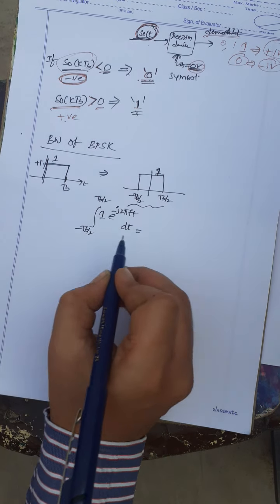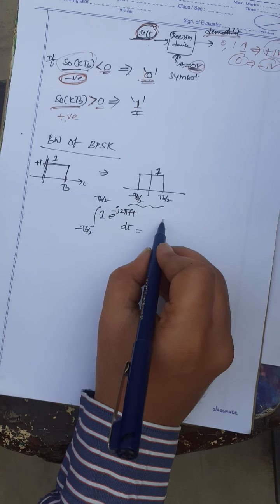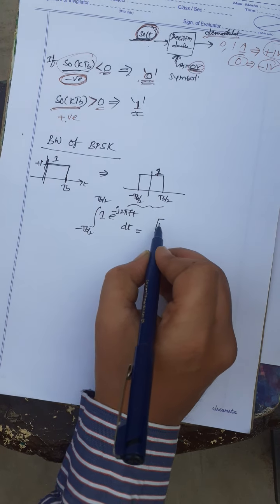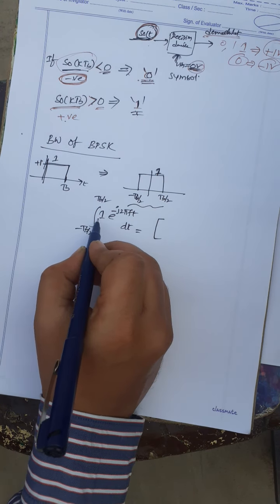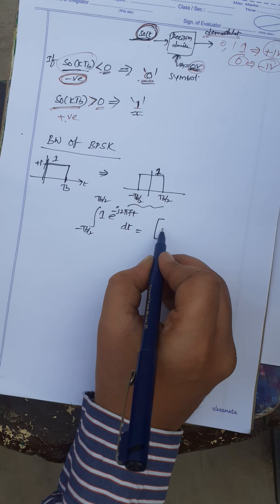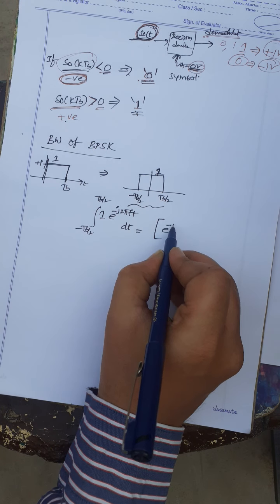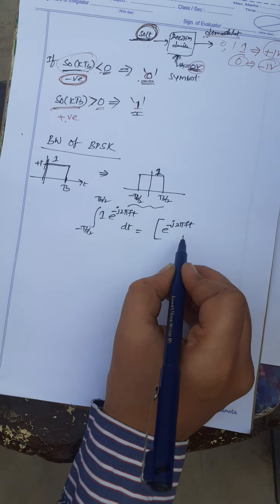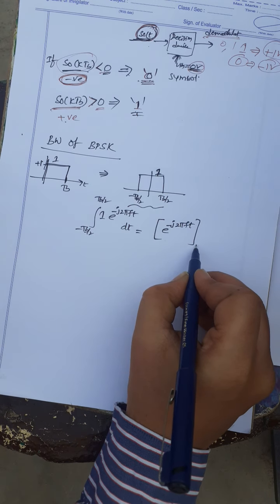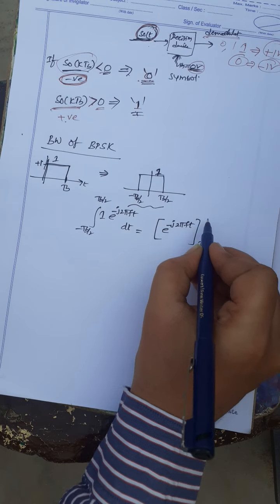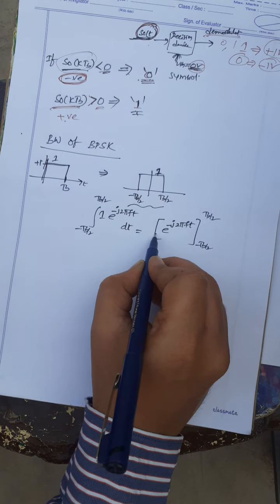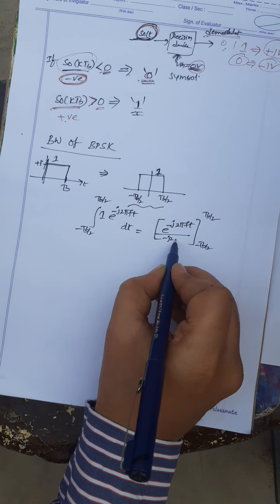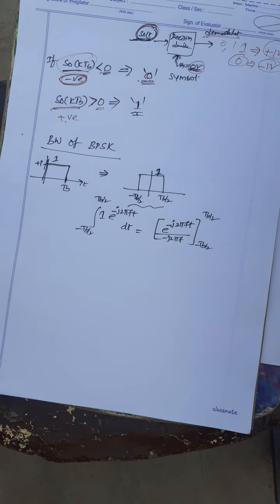So here I am getting e power minus j 2 pi f t, evaluated from minus Tb by 2 to Tb by 2, divided by minus j 2 pi f.